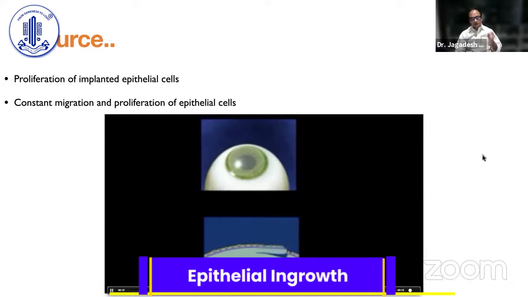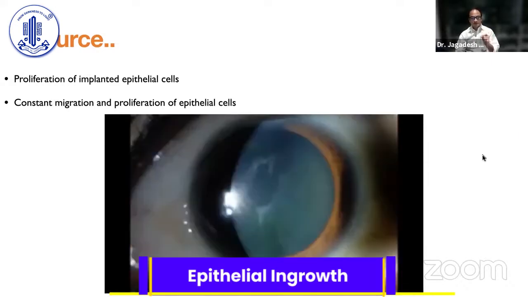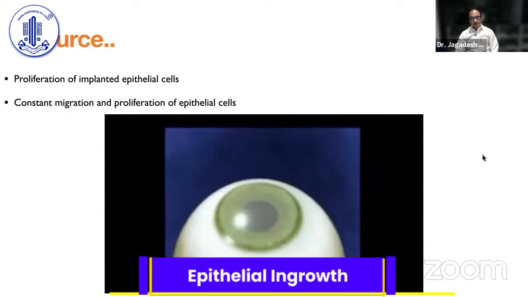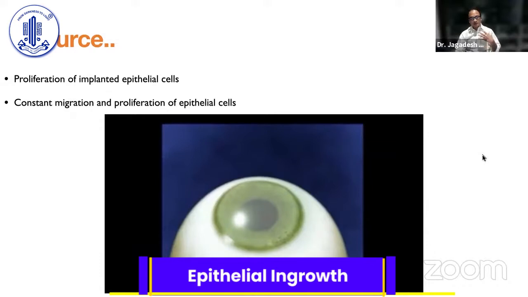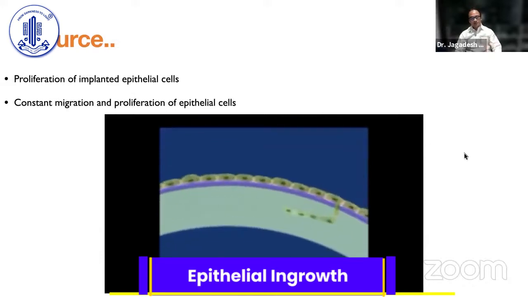Whenever you see a patient with epithelial ingrowth, it's very important to assess the reasons. Especially in situations like buttonhole or flap-related complications, there can be a continuous supply of epithelial cells that can lead to accumulation in the interface. So looking at the flap edges is very crucial when you come across a patient with epithelial ingrowth.